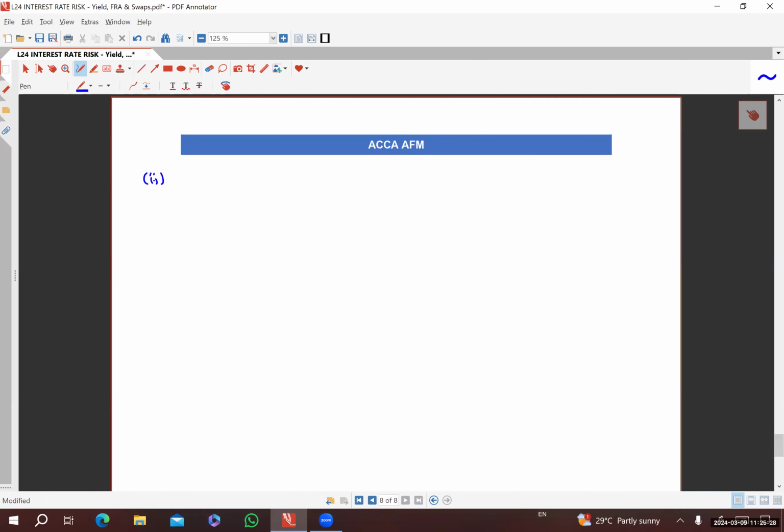What is the board's interest liability with the swap? To work out the net interest with the swap, we learned this in the last video.